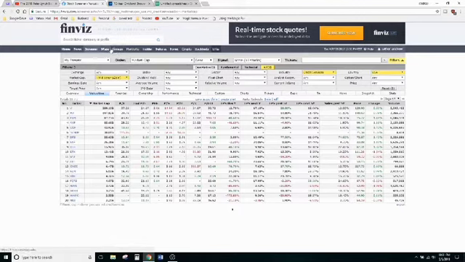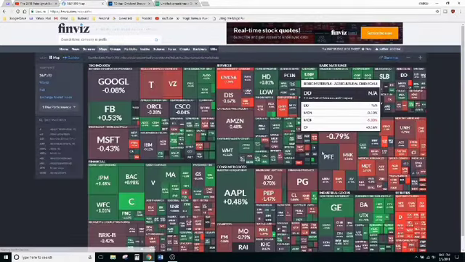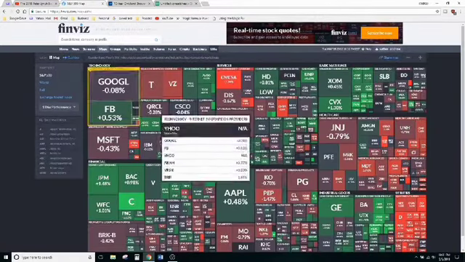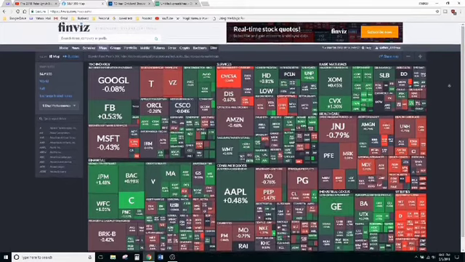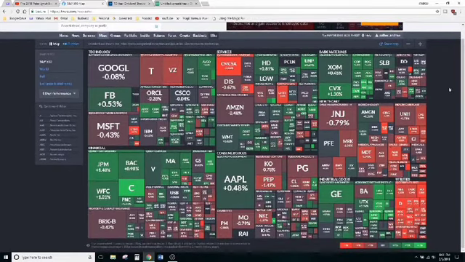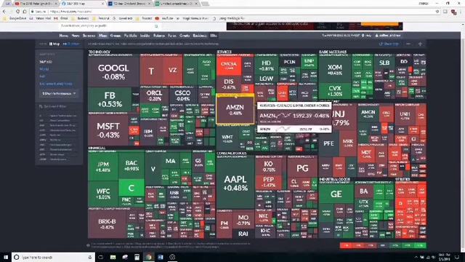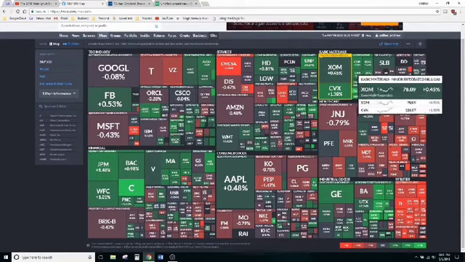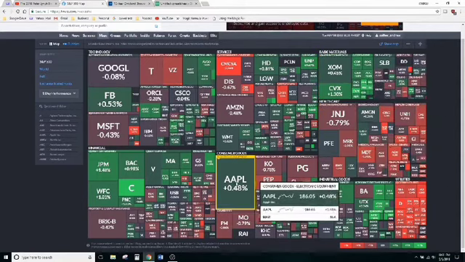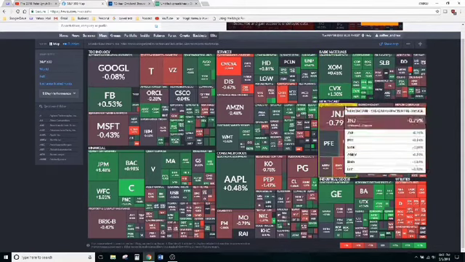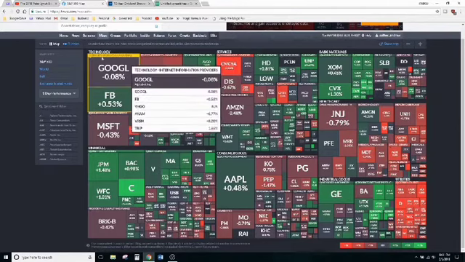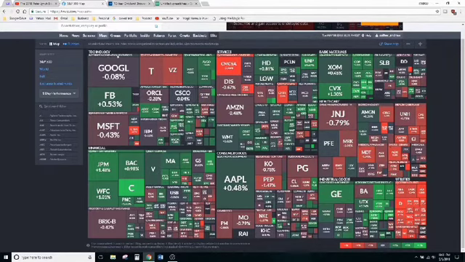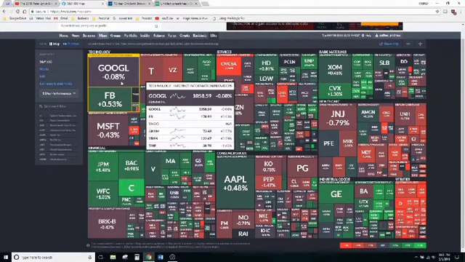And so they also have something called the maps here, and this is where they separate the industries and the sectors, and they give you a daily update on what happened in each industry or sector. You can see the bigger the square, that's basically the higher market cap the stock has. They grouped Google and Facebook together in tech, which makes sense, right?